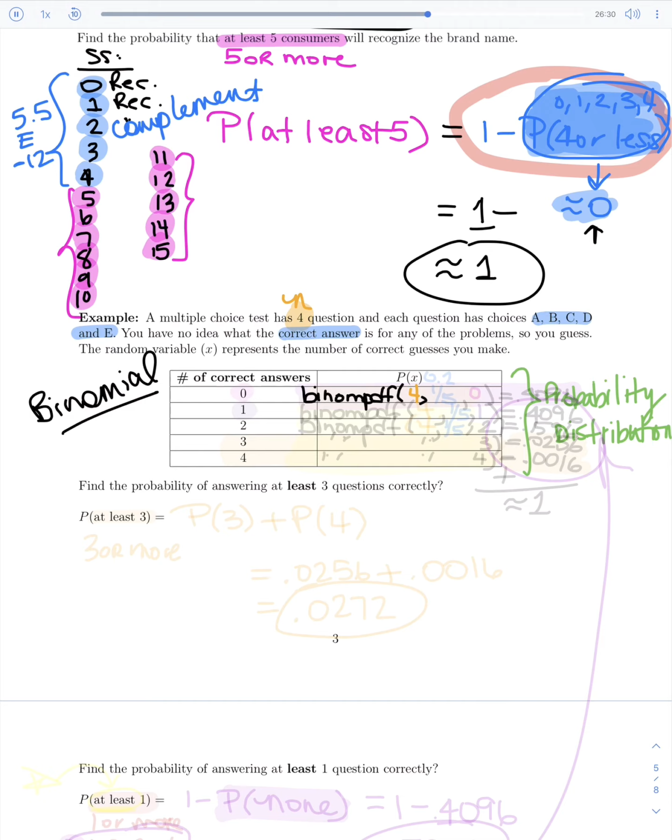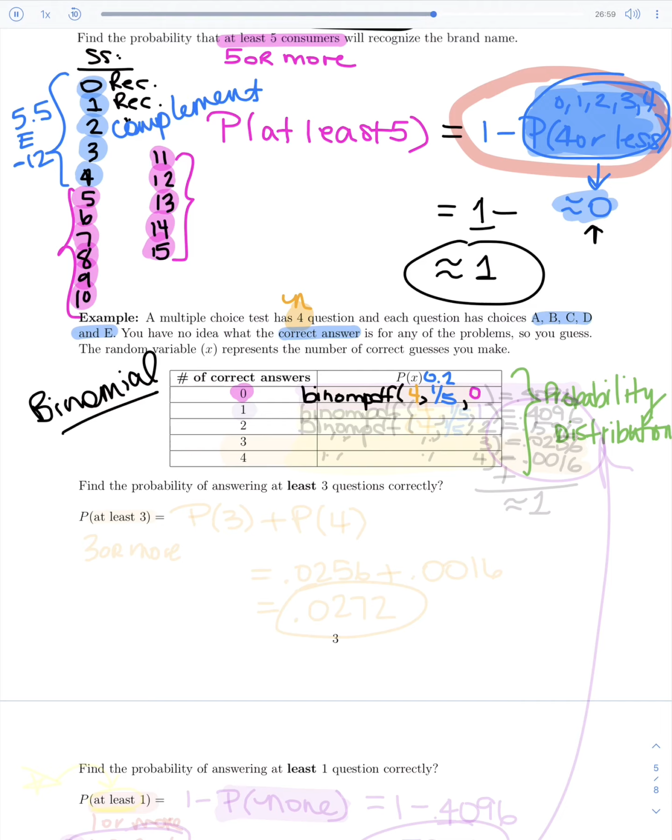Out of those 5 choices, how many of them are correct? Only 1 on a multiple choice test, so 1 out of 5, or you can type out 0.2. Remember, 1 out of 5 and 0.2 are the same thing. It doesn't matter which. Your calculator's fine with either. Comma. And then on this first one, we're only looking for what we have from our list, which is, this one's just 0.